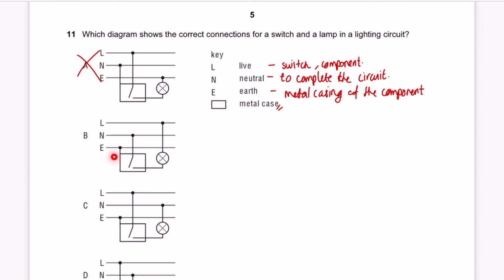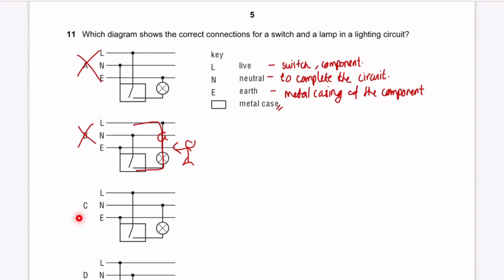Even though the earth casing is correct, this is a wrong setup because the user might get electrocuted if any fault were to happen, as there is no switch before the component. So B is out of the option.